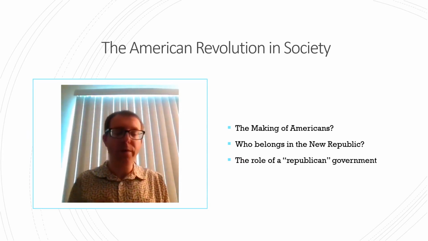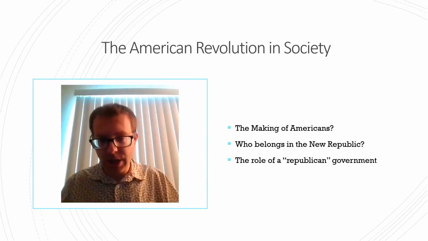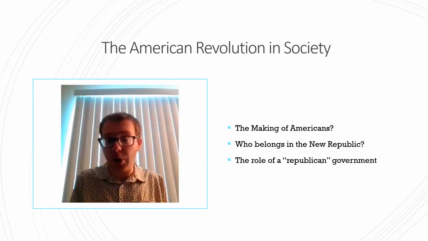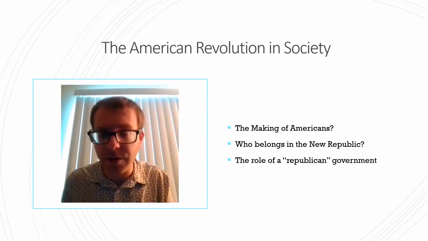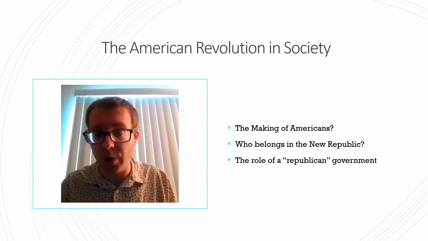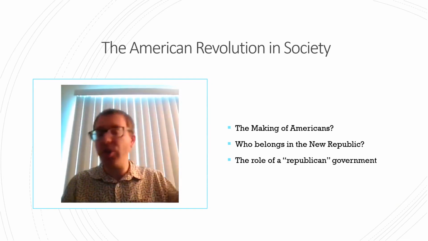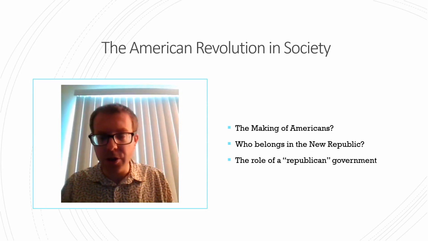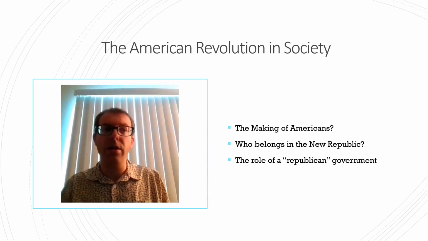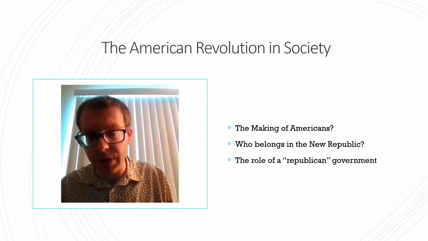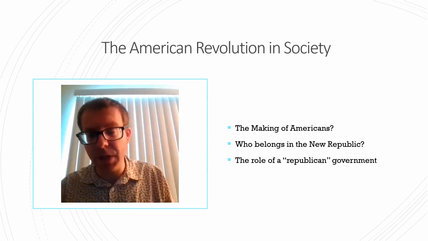Because the American Revolution leads to a lot of questions in American society. Who is American? Should African Americans be considered as citizens of this new society, right? Should women have the right to vote? These were major questions that the American Revolution brought up. And so, just like you had people like Quock Walker and others challenge the institution of slavery, you have prominent women in American society begin to petition their husbands and other prominent political leaders in their lives and say, why don't I have the right to vote?